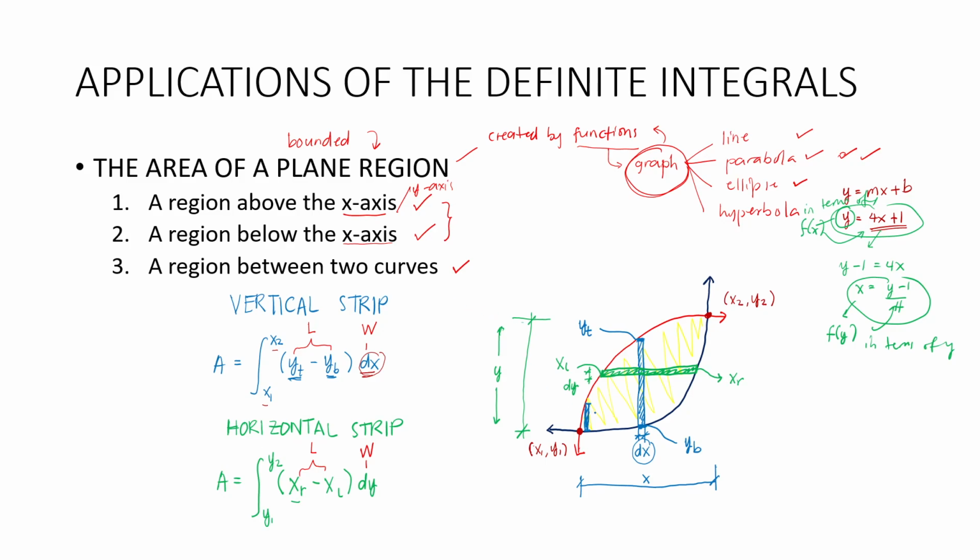So notice that if I place my vertical strip on the leftmost part of the bounded region, the topmost part is still red, the bottom part is still this purple graph. So what if I draw my vertical strip on the rightmost part? Still the same. The topmost part is still the red graph. The bottom part is the purple graph. So I think it's purple or dark purple.